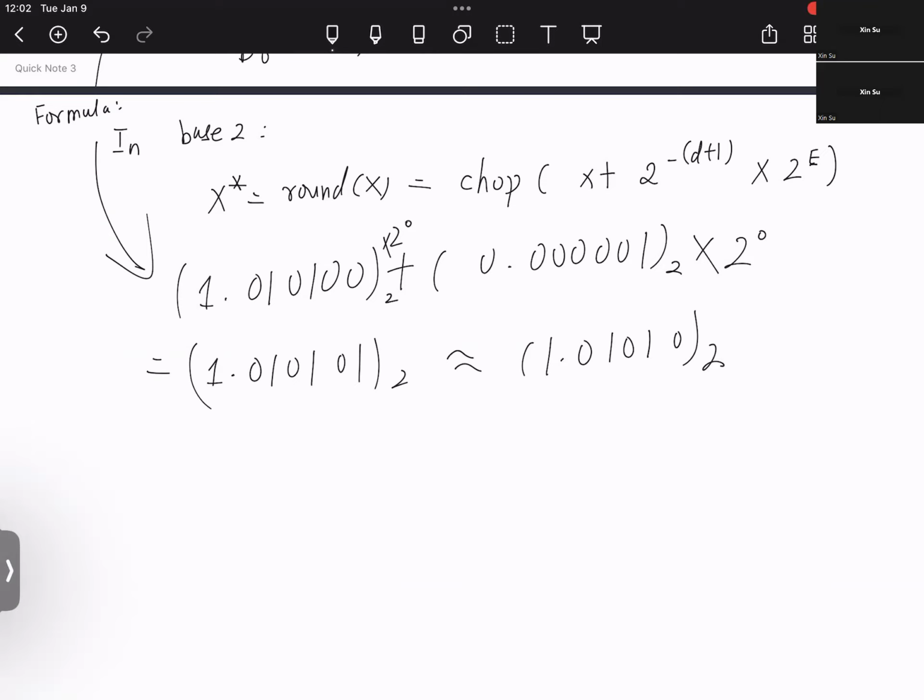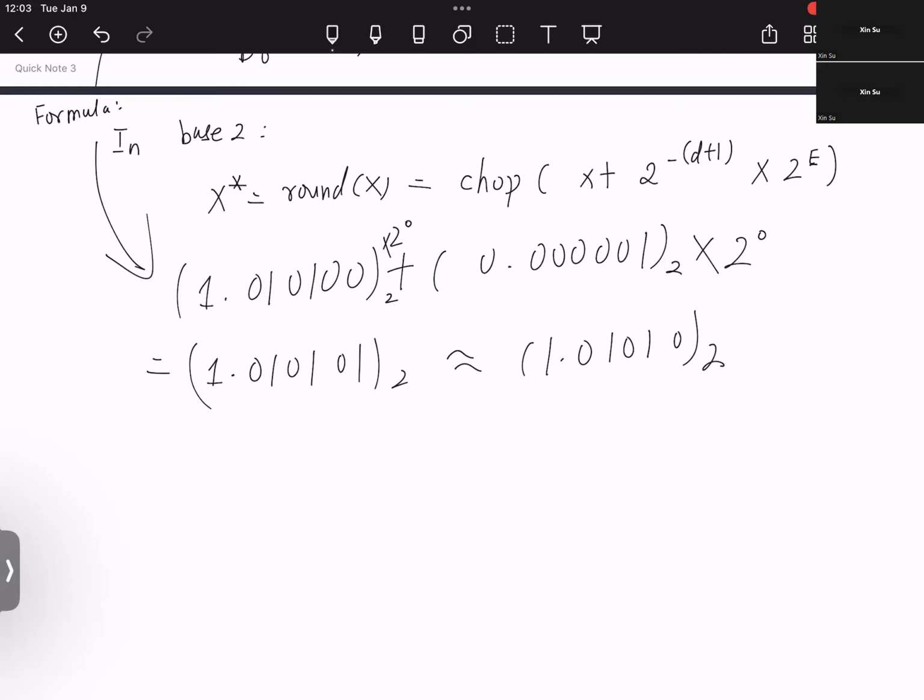For these last 2 digits, why do we get rid of this one, right? Because if you want to calculate with the formula, it means that you can first add the numbers here, and then that is times 2 to the exponent 0. And then here we add it, and we get this number, right? But we have 6 digits after the decimal point, and now we just want to keep 5 places.